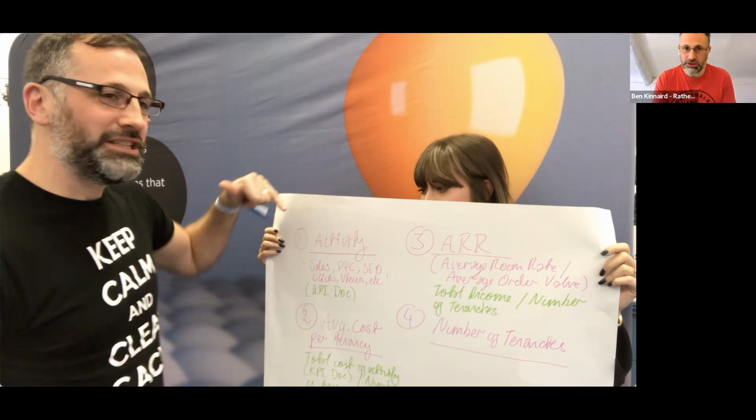We can measure cost and time and then put that as a number together. And so what you could do is correlate activity number. So it could be that you spend 10 hours on your marketing a week. And then you could correlate that to the number of customers you get and the revenue you get.